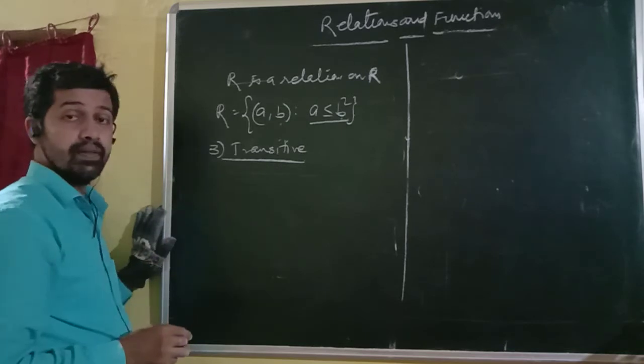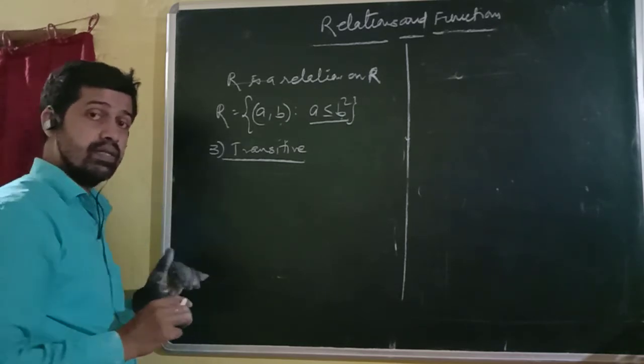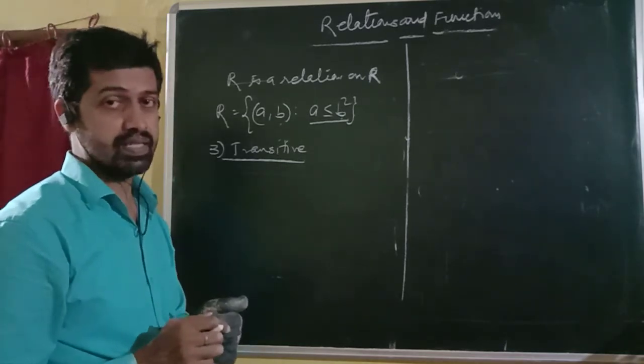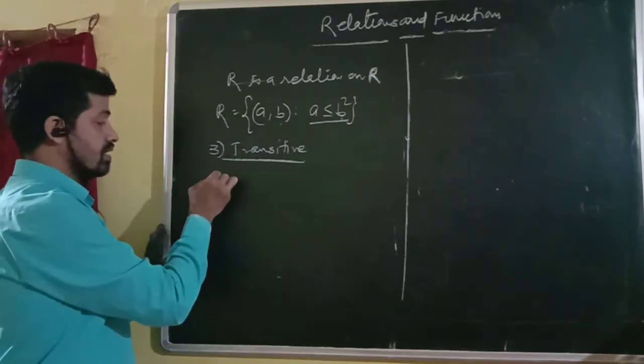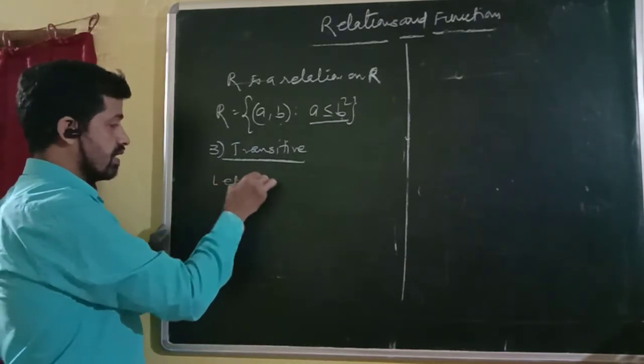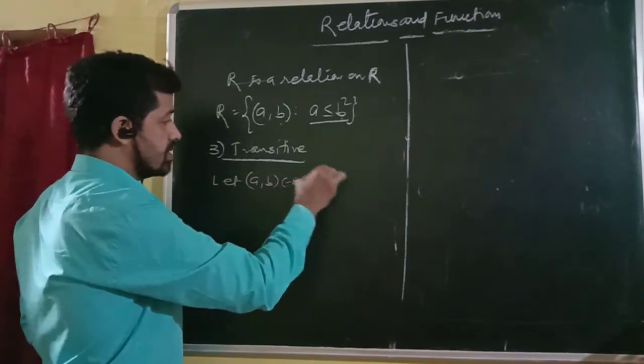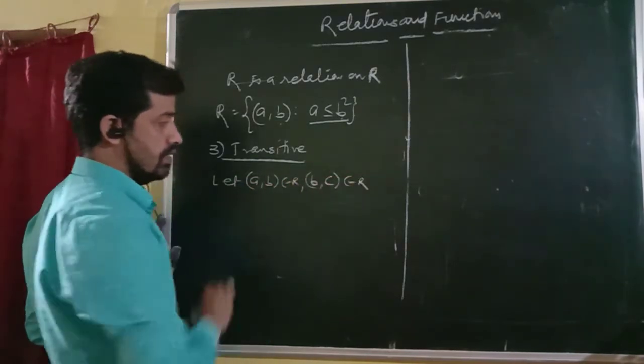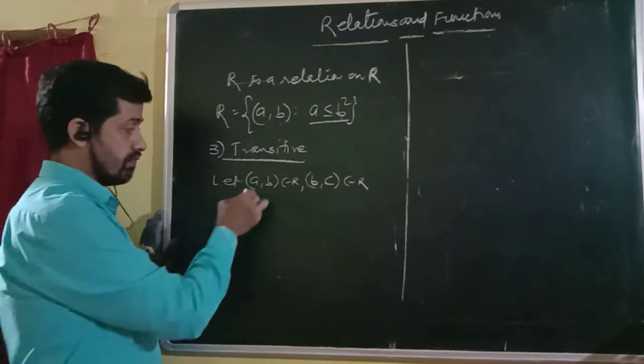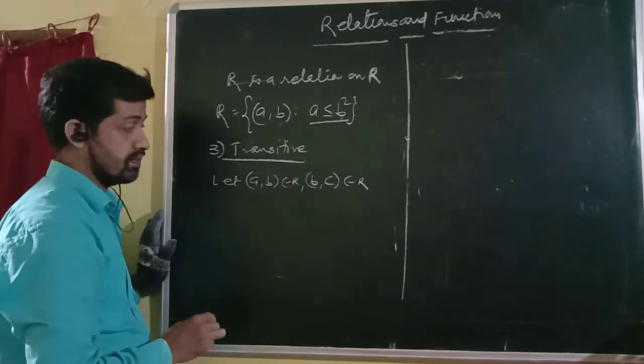For transitivity, we had discussed that we require 3 elements. So let us say that A, B belongs to R and B, C belongs to R. We are supposed to check whether A, C belongs to R or not.